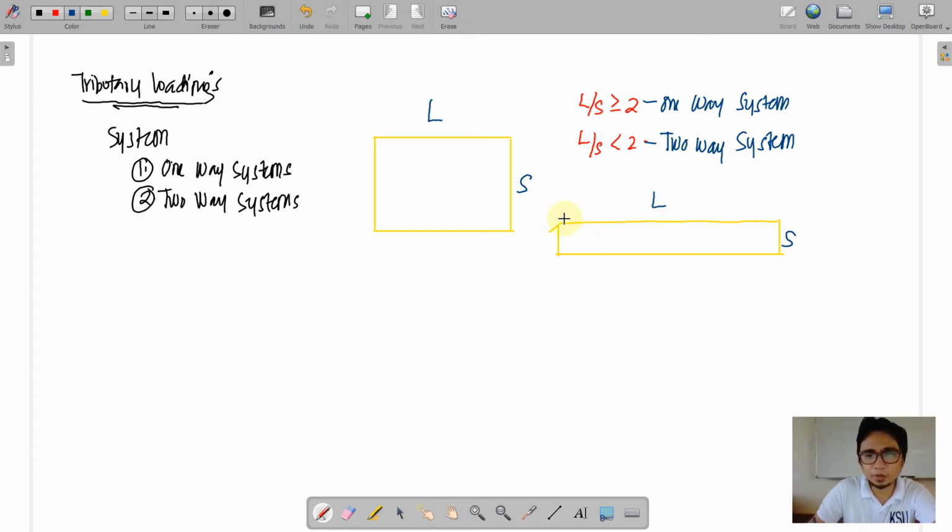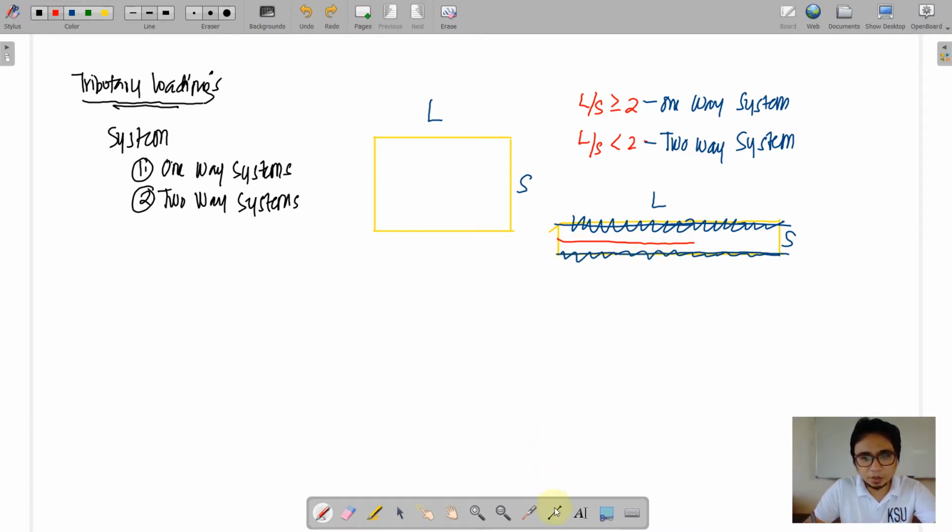When we say longitudinal, the loading is being carried more by these two supports. So actually, these supports will carry the loadings, and for the distribution, of course, it will just be divided by 2.